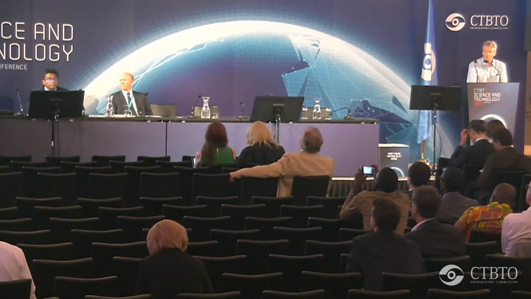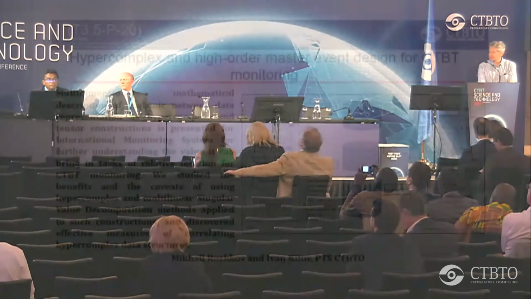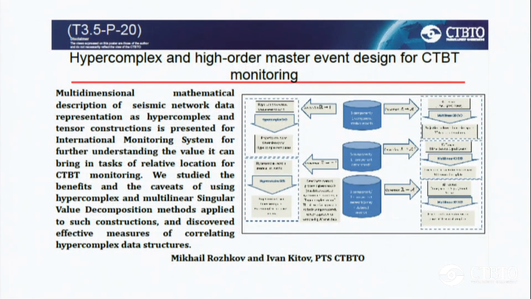Hello, I'm Mikhail Roshko from CTBTO. We made an approach to create the frameworks for building multidimensional subspace master events, embracing most of the IMS seismic installation, and try to estimate the benefits it can bring to cross-correlation based relative location methods.